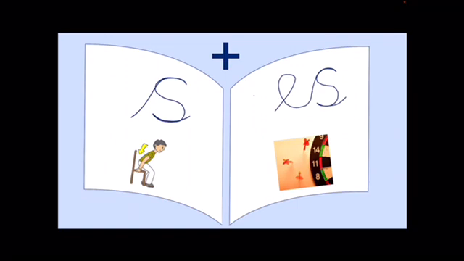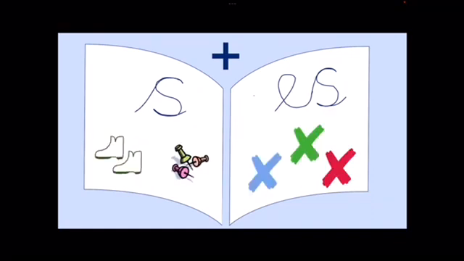A suffix choice. Do I add suffix S, or is it after a hissing sound and I add ES? More than one? Is it after a hissing sound, like crosses?